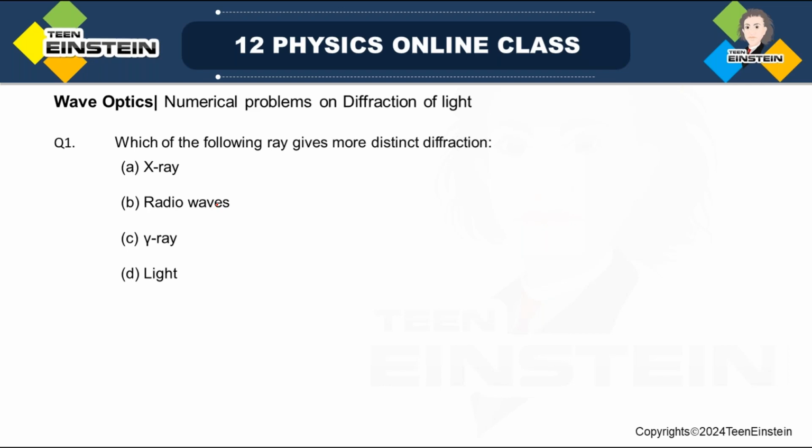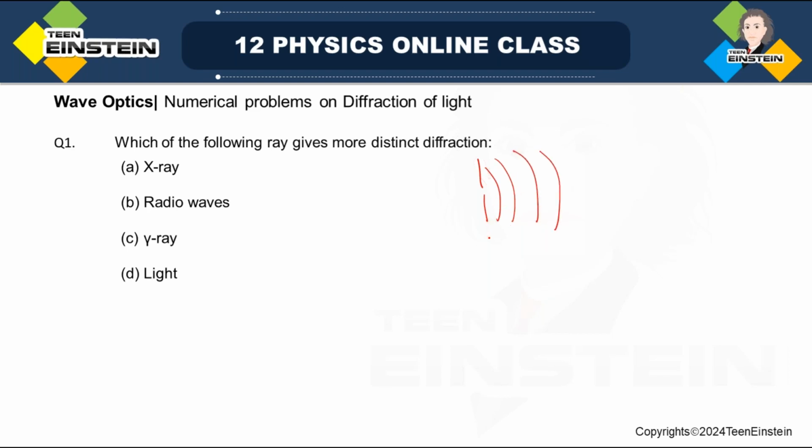Okay, so we have the condition for diffraction, as I was showing you in the very first class, that light gets bent. But when your slit width is narrower, we see more spreading of light.